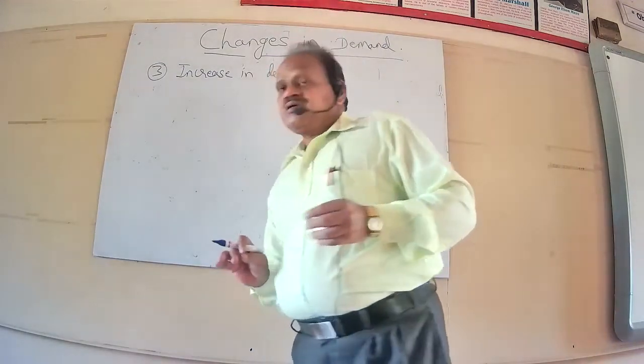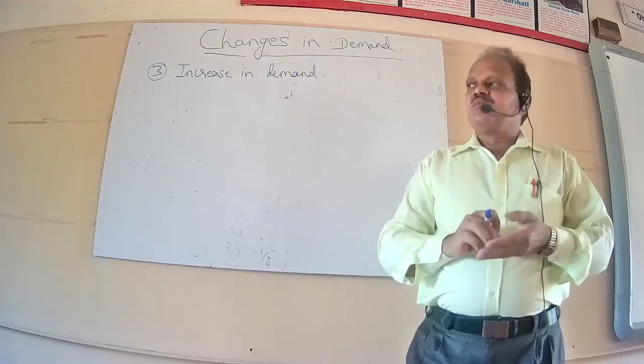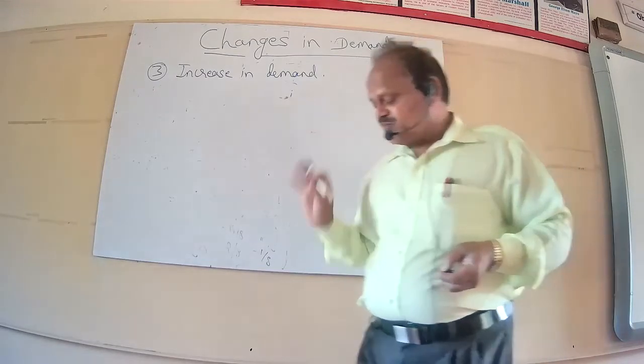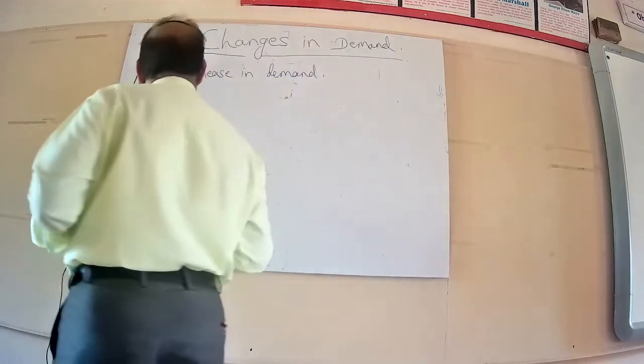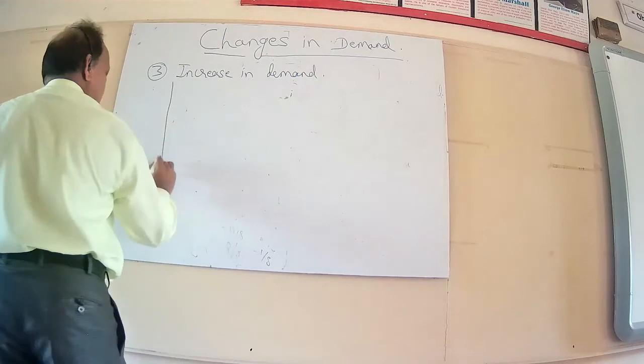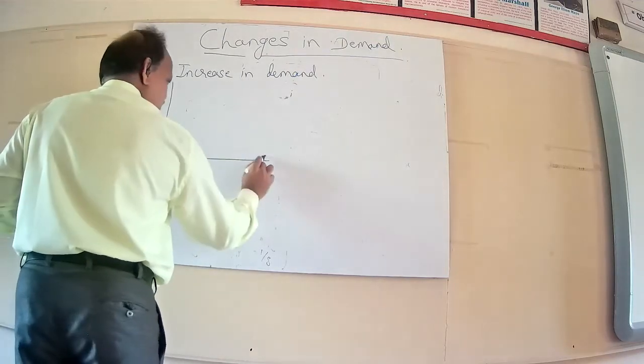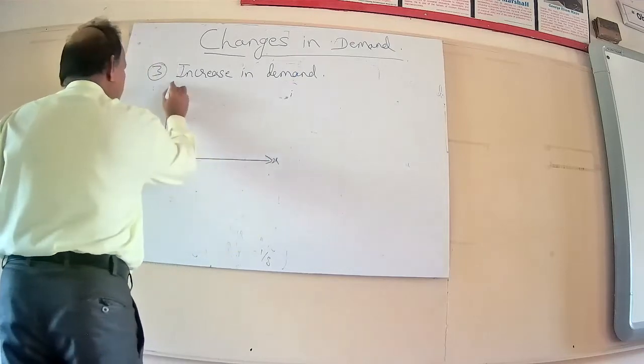In this case, the consumer can't remain on the same demand curve, but there will be a rightward shift in the demand curve. Let us draw the diagrammatic representation. We can draw OX and OY.